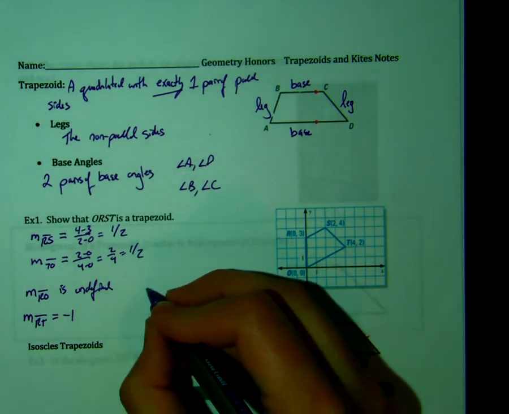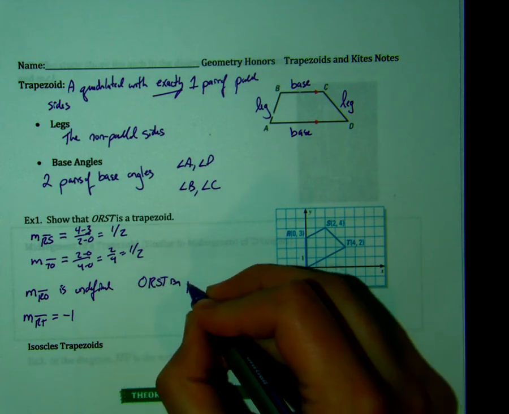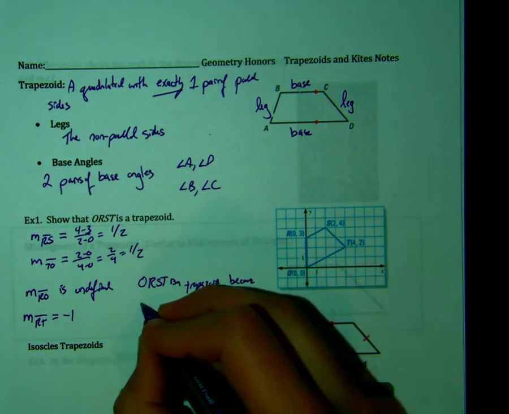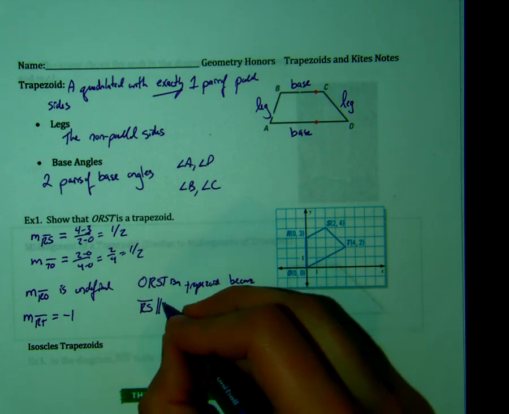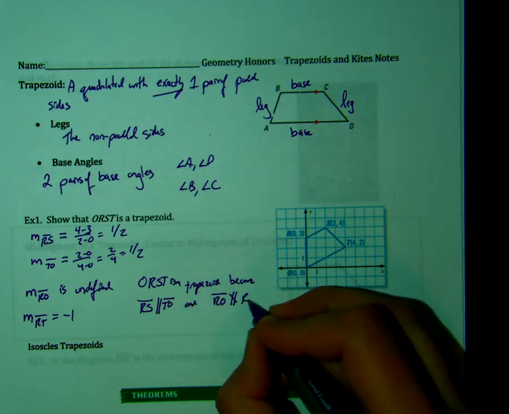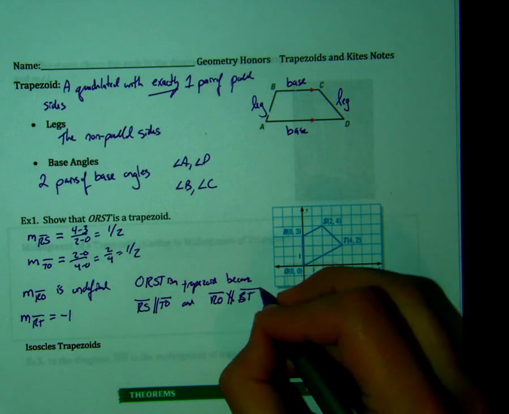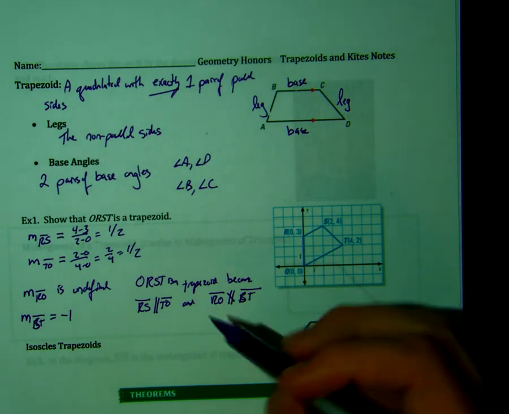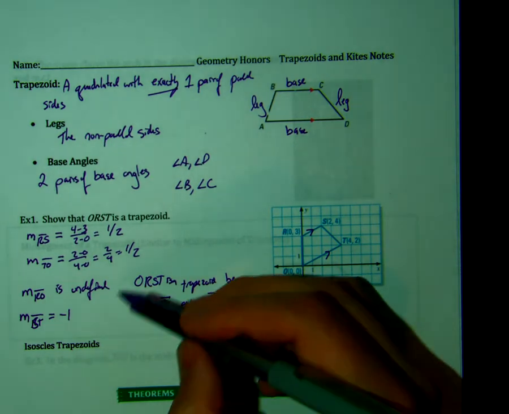So our answer is going to look something like this. ORST is a trapezoid because RS is parallel to TO, and RO is not parallel to ST. It should be ST. So the reason why this is a trapezoid is because we have one pair of opposite sides that are parallel and one pair of opposite sides that are not.